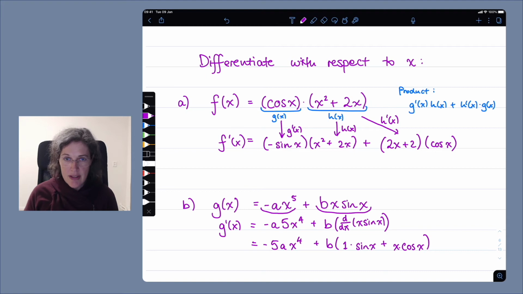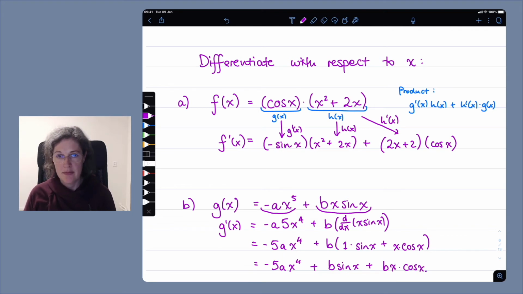And we could expand this out and neaten it up, but this is fine. So we've got minus 5ax to the 4 plus, now I'm multiplying my b in and getting rid of that 1 because multiplying by 1 changes nothing. So I've got b times sine of x plus bx times cosine of x.